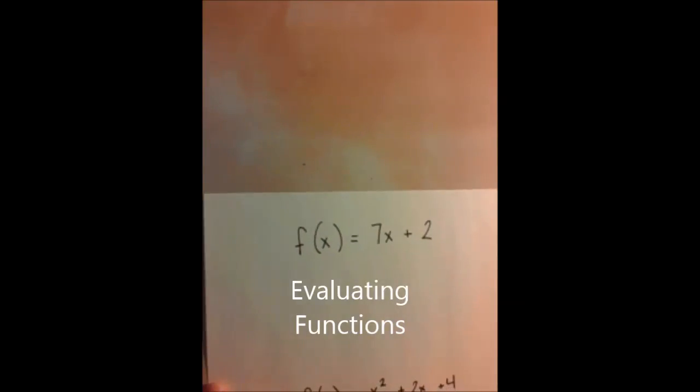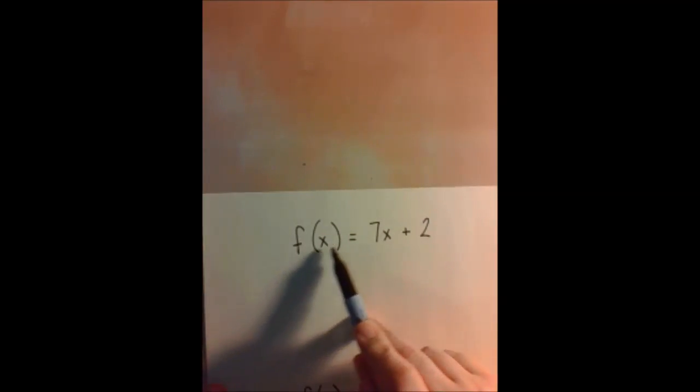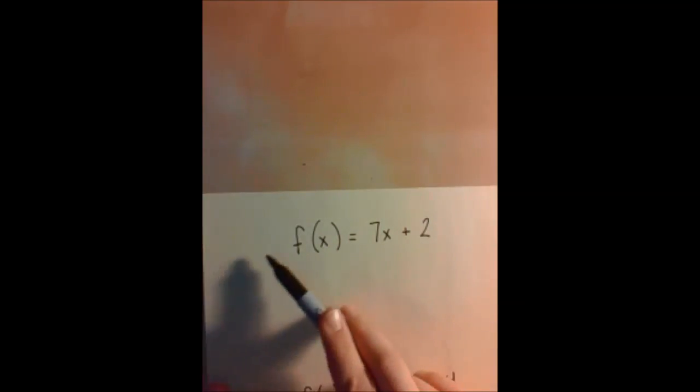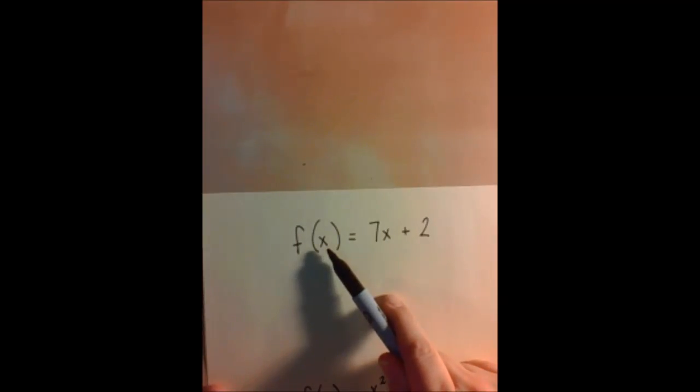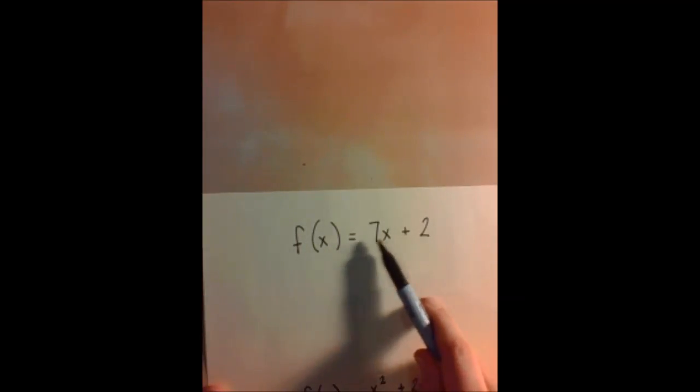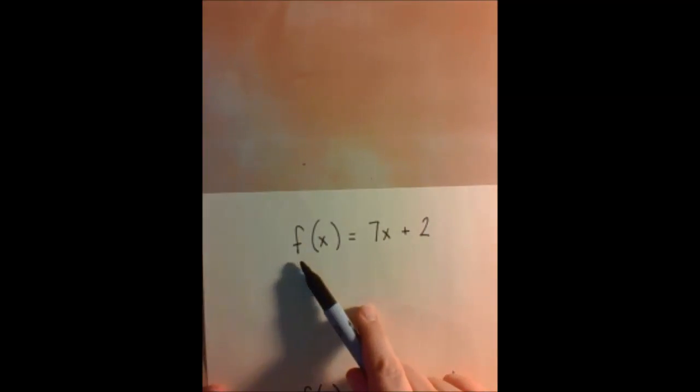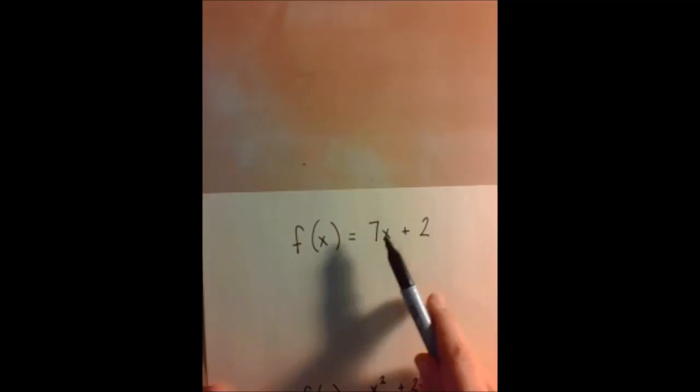So this is how we write function notation. f of x is how you would read this. And it means that f is the function name, x is the input, and then you should have an equal sign and some sort of expression over on the right. So this would be read, f of x is equal to 7 times x plus 2. When we want to evaluate, that means we're going to plug a number in for x.